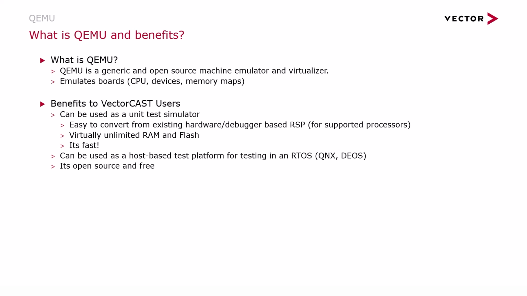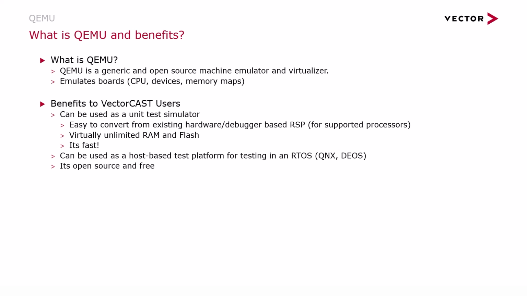It's very easy to convert from existing hardware or debugger-based RSPs, runtime support packages, that have to maybe go out over a JTAG or start up a debugger that can take a little bit of time, and run directly on these virtual processors, on these emulated boards. When we set these boards up in QEMU, we can virtually make unlimited RAM and flash.